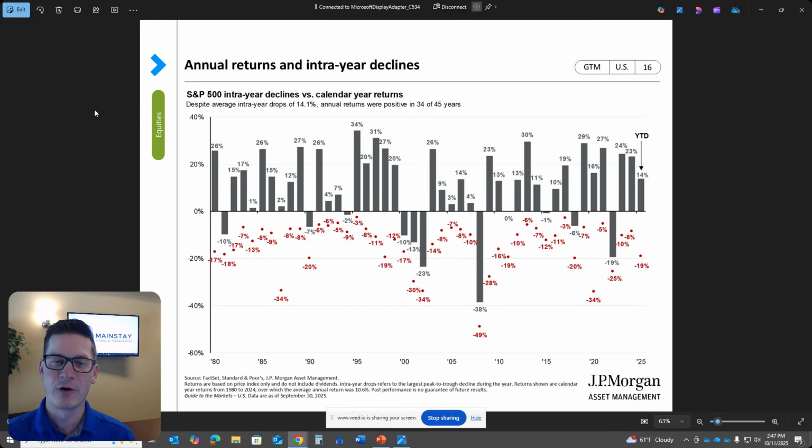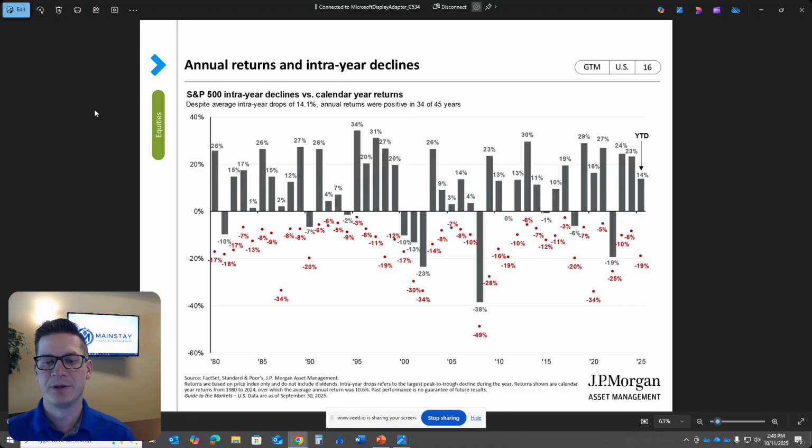And so this is a perfect time to remind investors about how intra-year returns and intra-year volatility work. I thought this chart would be very helpful as a visual to illustrate that.